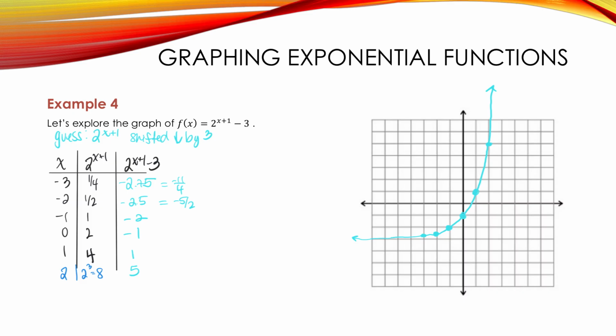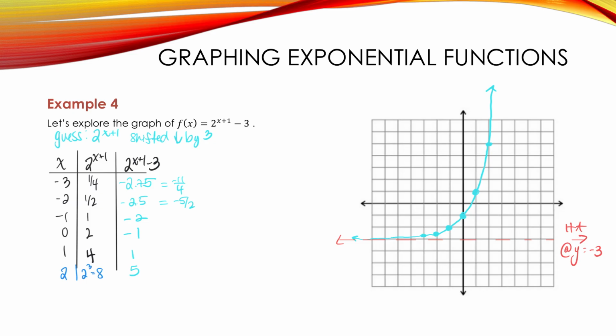Which kind of makes sense. If we're going to shift down by 3, it means that our horizontal asymptote went from y equals 0, we went down 3, so it'd be y equals negative 3. So if that's the case, our horizontal asymptote has shifted now to y equals negative 3.